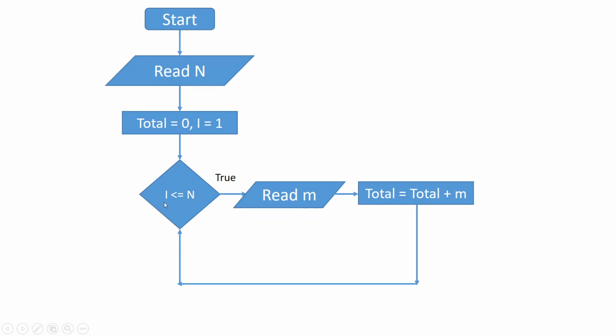But I will still be 1 and n will be 5, so again the condition becomes true, and again it will go. So this is going to be an infinite loop, because this condition is always going to get satisfied. So we need to do something so that this loop only goes 5 times.